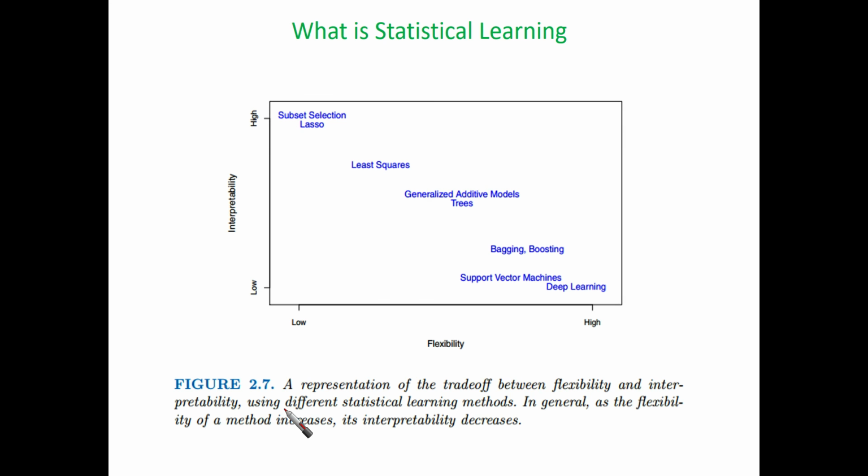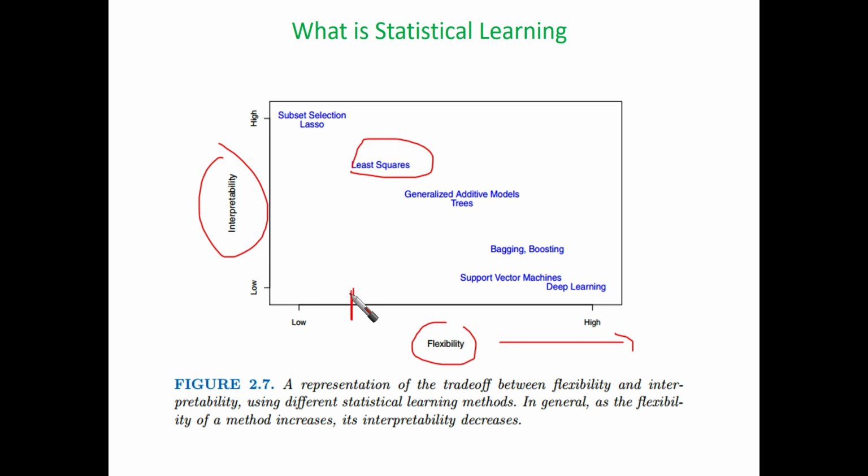Then there is a schematic diagram lastly, where on this axis we are plotting flexibility, and on this one interpretability. The least squares method that we saw right now, linear regression, has this level of flexibility, but very good interpretability. Now the variations of these methods are subset selection or the lasso method.